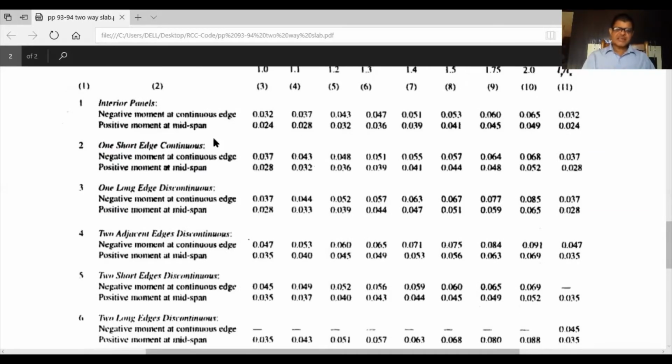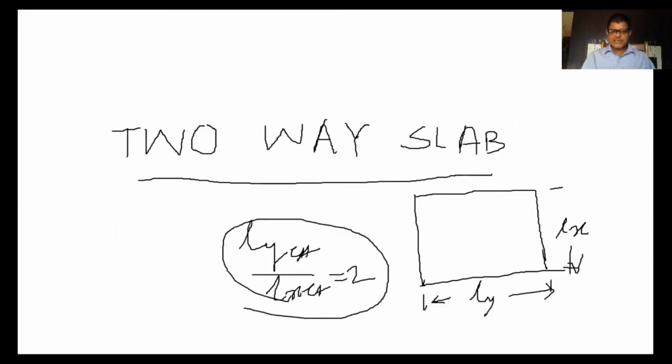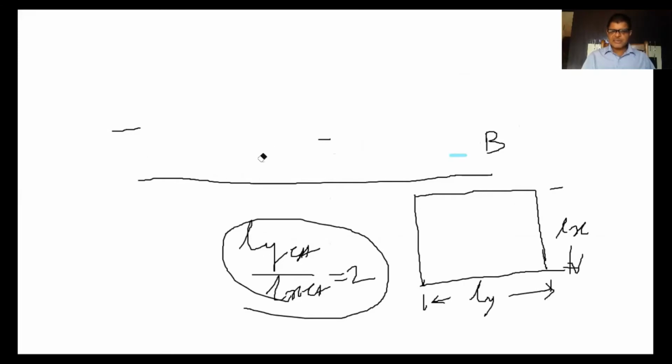Interior panel means, let us draw a building with a number of roofs. Suppose you have a roof like this. You can go to the blackboard to see it better. Now you come here, you will see the meaning of this interior panel.